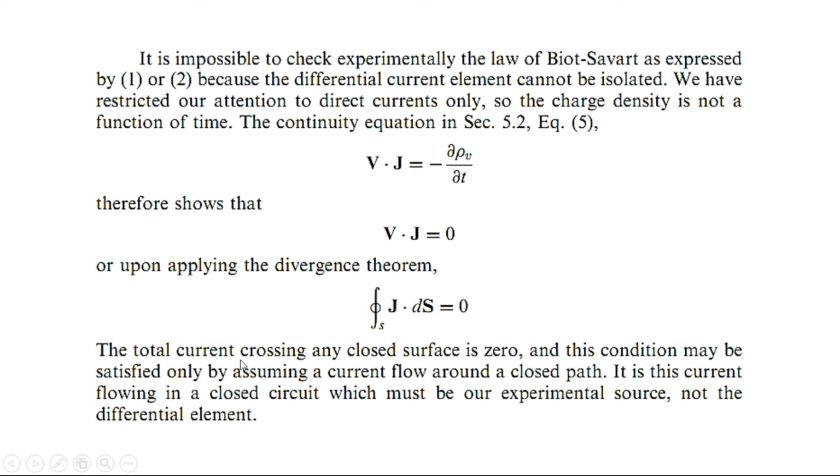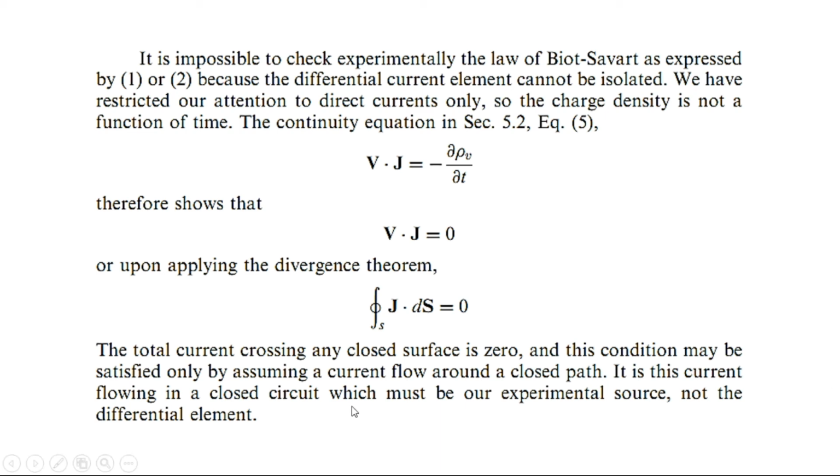It means that the total current crossing any closed surface is 0, and this condition may be satisfied only by assuming a current flow around a closed path.